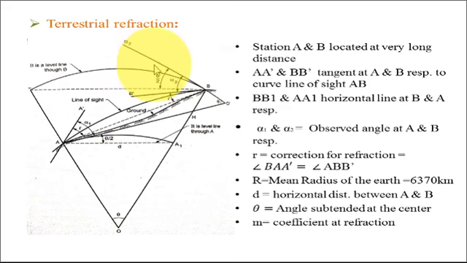AA dash, BB dash are the tangents to the line of sight. Alpha 1 and alpha 2 are the angle of elevation and angle of depression at A and B respectively. R is the mean radius of earth, equal to 6370 km, and is equal to OA is equal to OB. Small d means the horizontal distance between AB, and m is the coefficient of refraction.